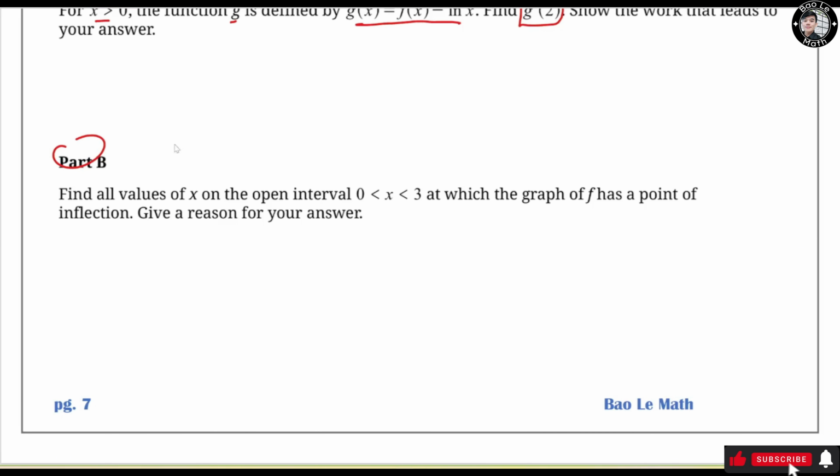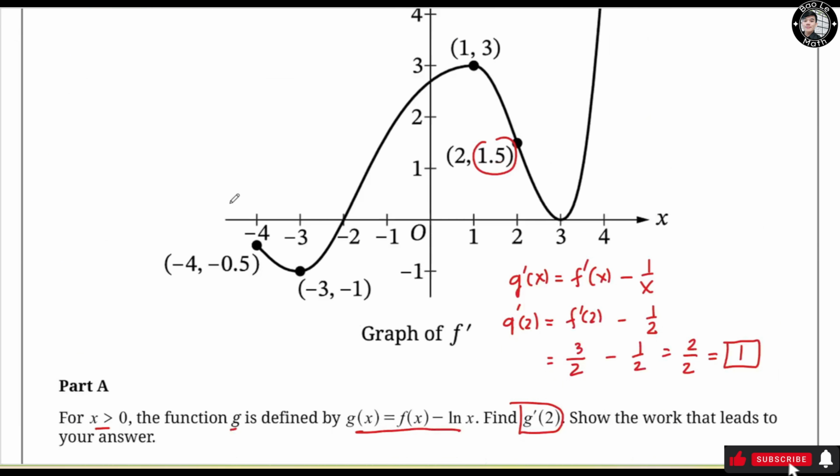Question B. Find all values of x on the interval 0 to 3 at which the graph of f has a point of inflection. The point of inflection occurs when f double prime of x changes sign. So we look at the interval from 0 to 3 right here, and we only have this point right here.